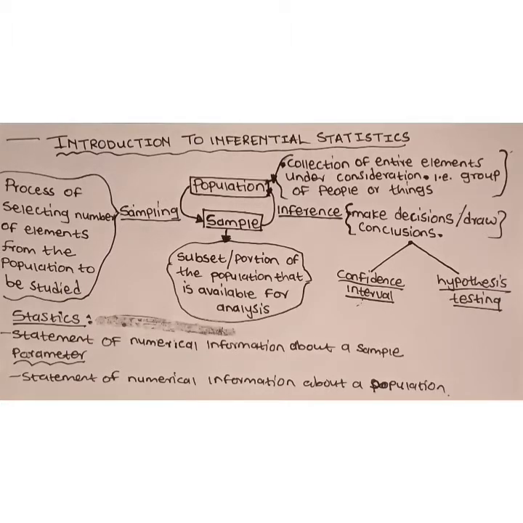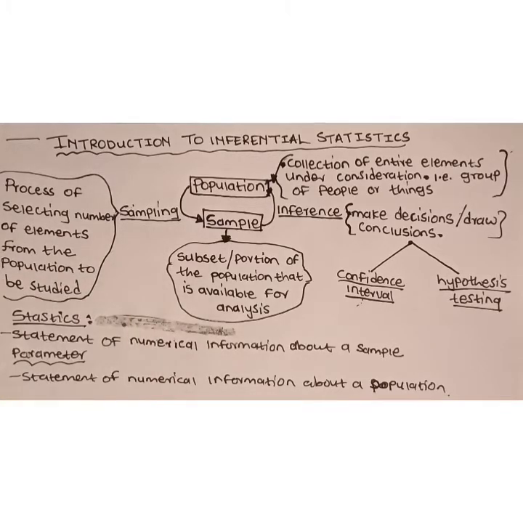Under data analysis, we practice working with data. We gather useful data bit by bit and use it to make informed decisions, which is an inference. The population, as I said, is the entire collection of elements, a group of people or things.